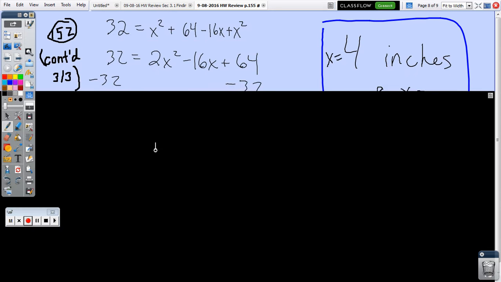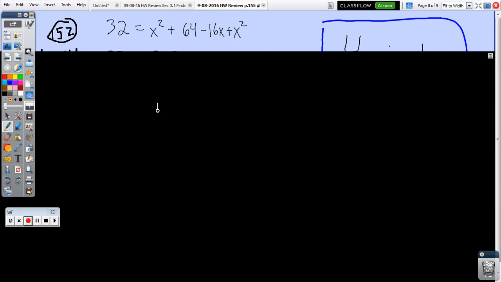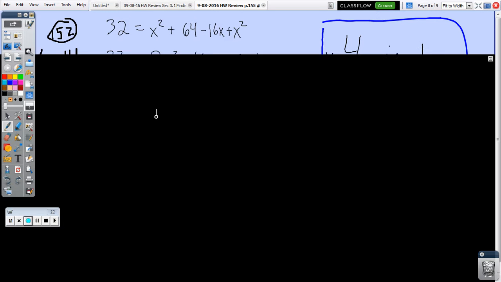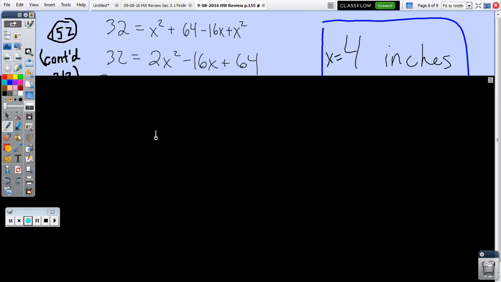So we're here, right? Next line down. Guys, please quit talking. Next line down, we're just combining like terms. We have an x squared and an x squared, so 2x squared.